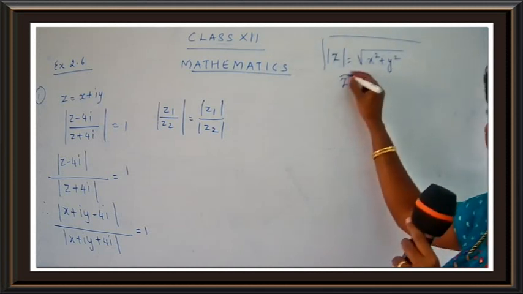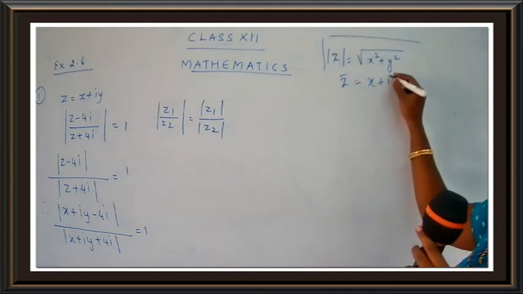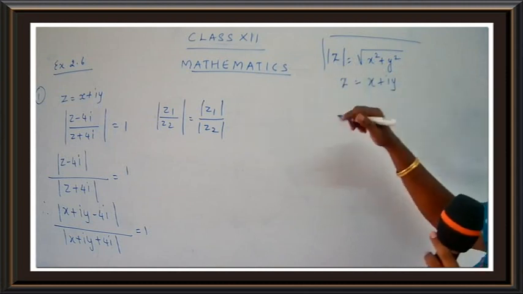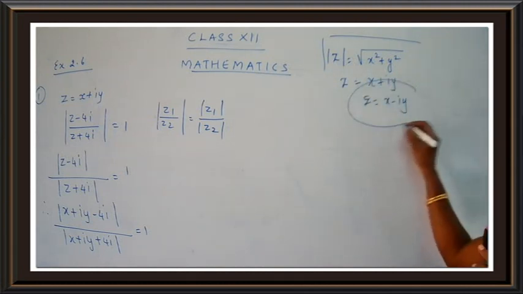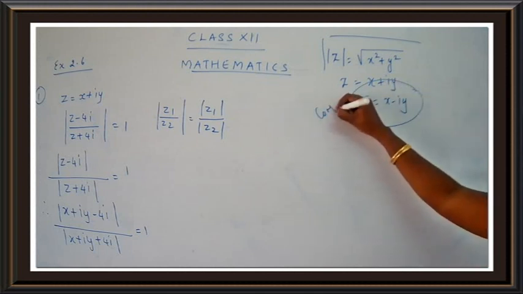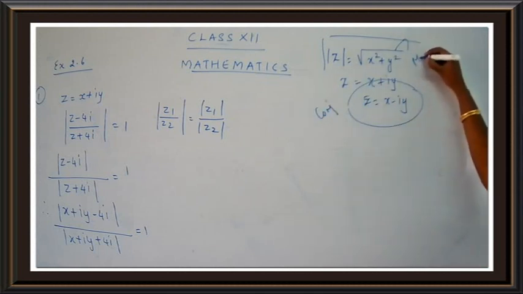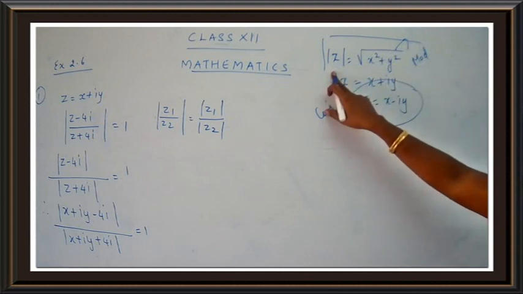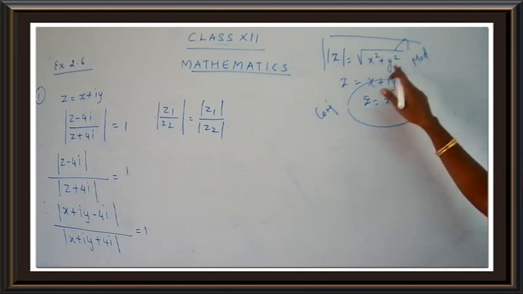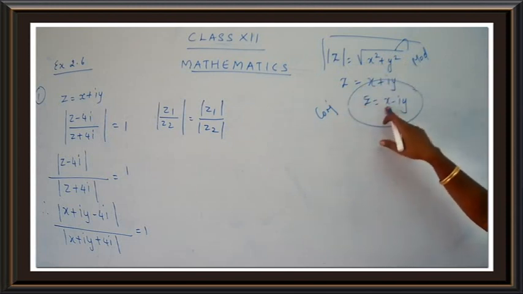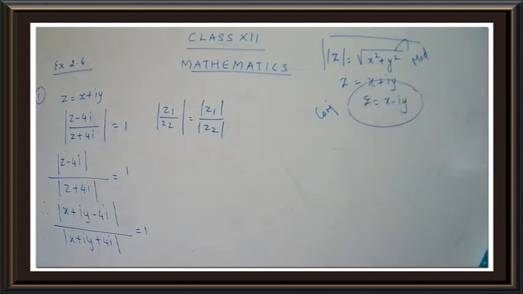And what is the conjugate of z? If you have z equal to x plus iy, then z bar is equal to x minus iy. So remember the conjugate and remember the modulus. What is the modulus of z? Square root of x square plus y square. And what is the conjugate? x minus iy. Clear? Okay.